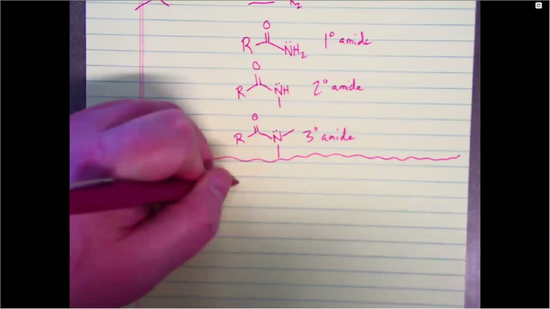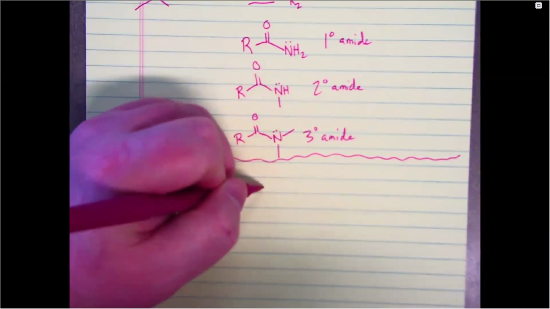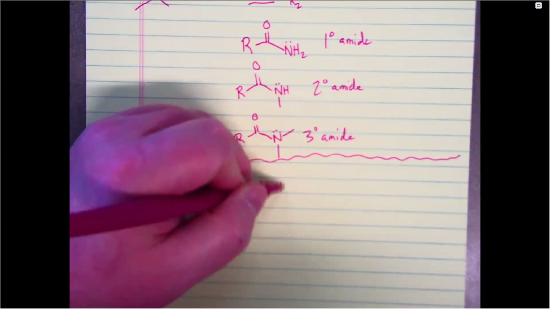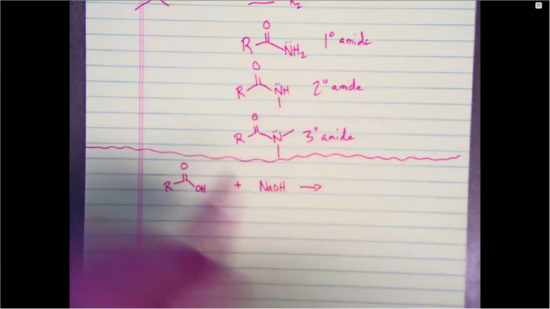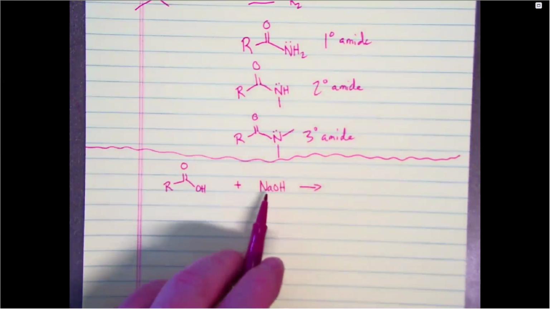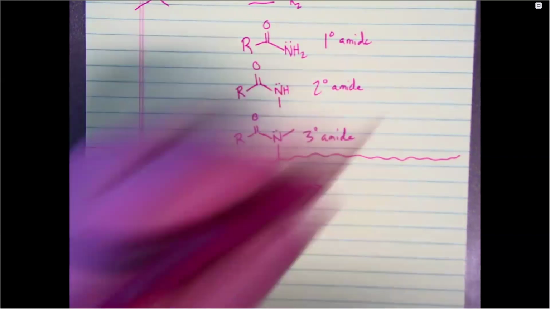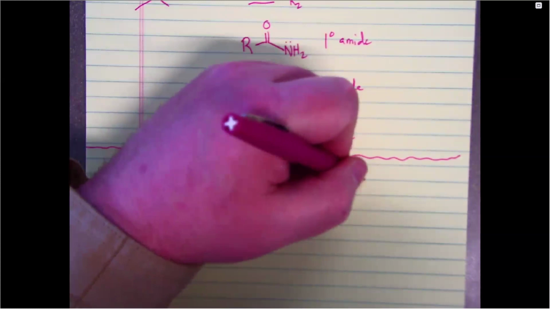One of the most common, easy bases to use is sodium hydroxide. We know that in water, when we dissolve sodium hydroxide, we get Na plus and the hydroxide ion, OH minus. So OH minus is very, very basic, which means it can steal the H plus away from our carboxylic acid.